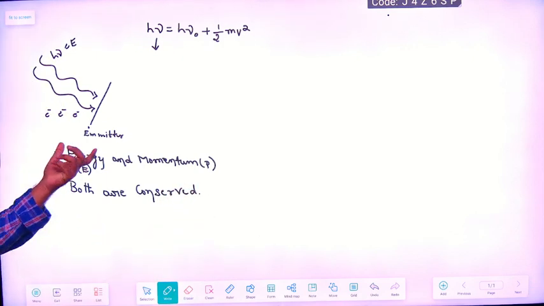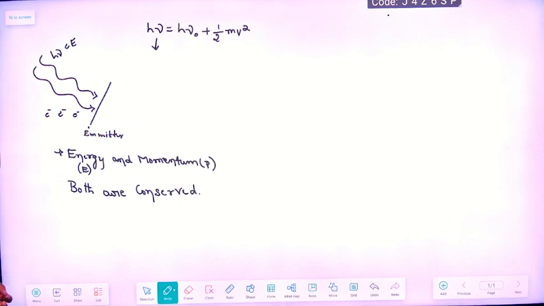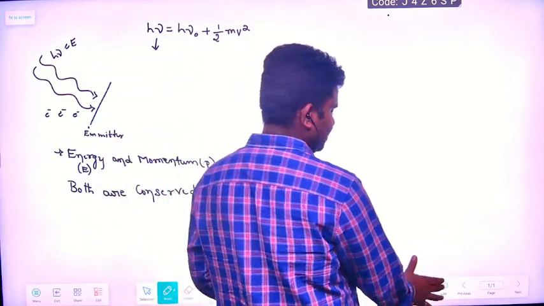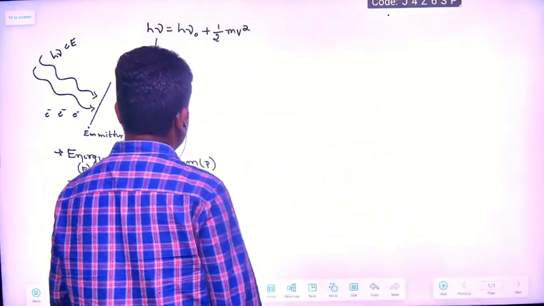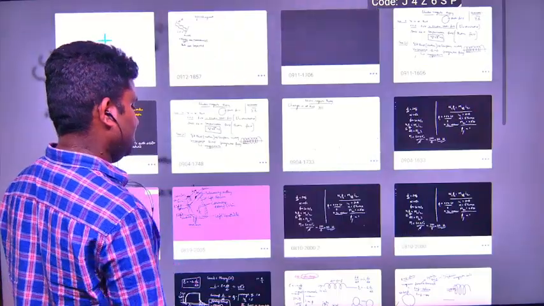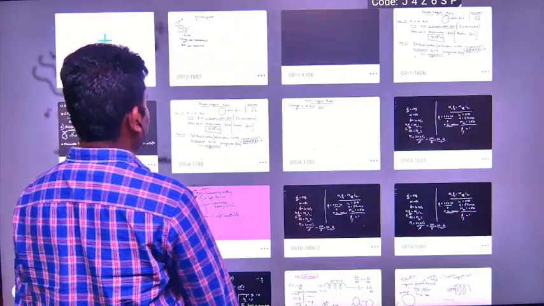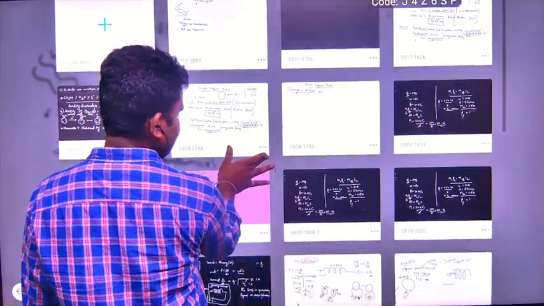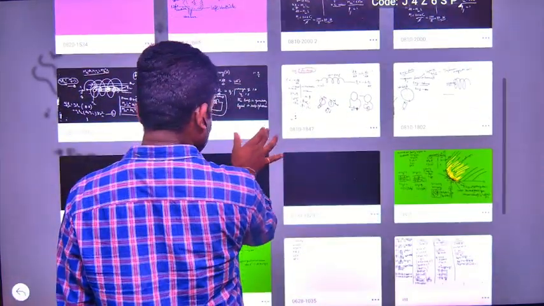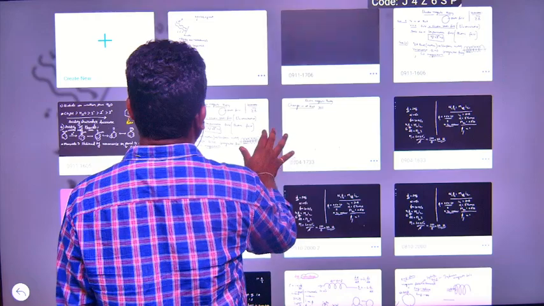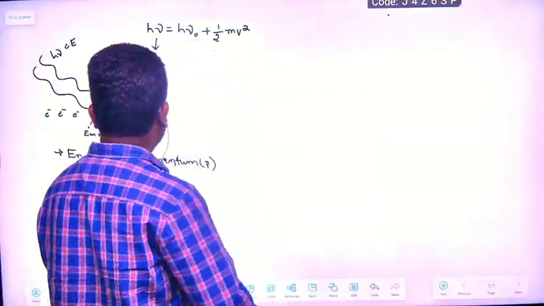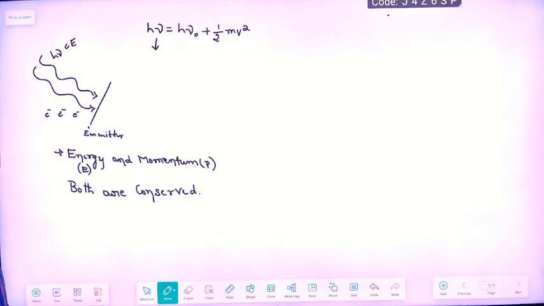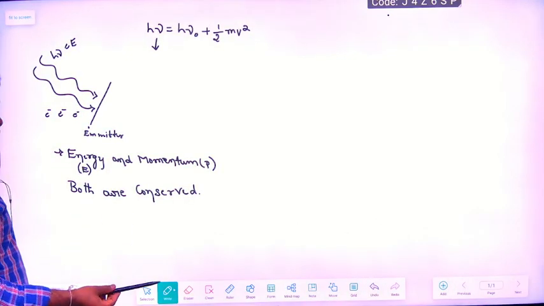So I explained last class, right? Both are conserved, energy and momentum.